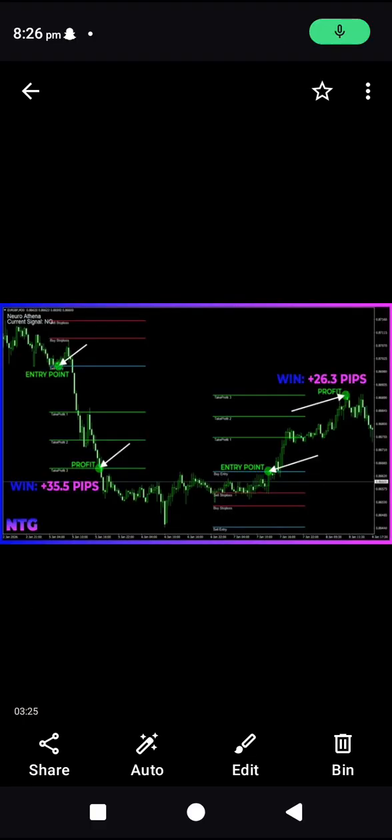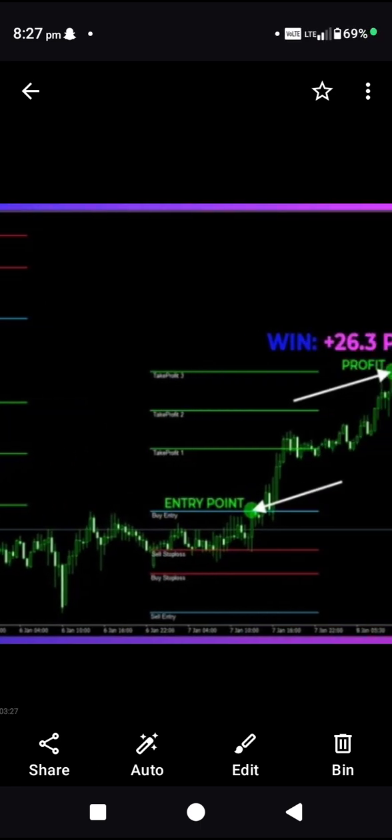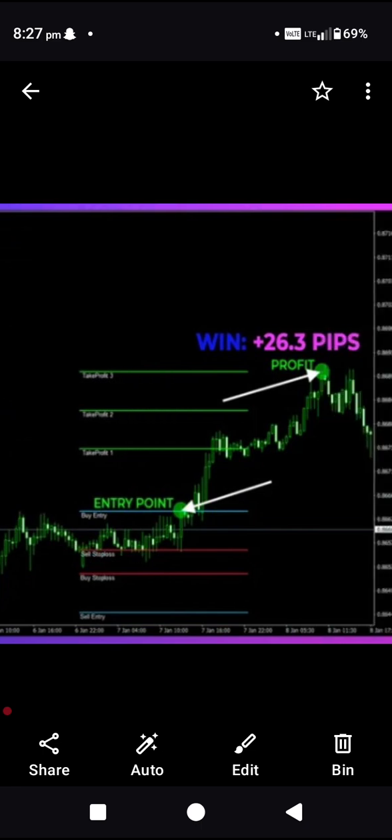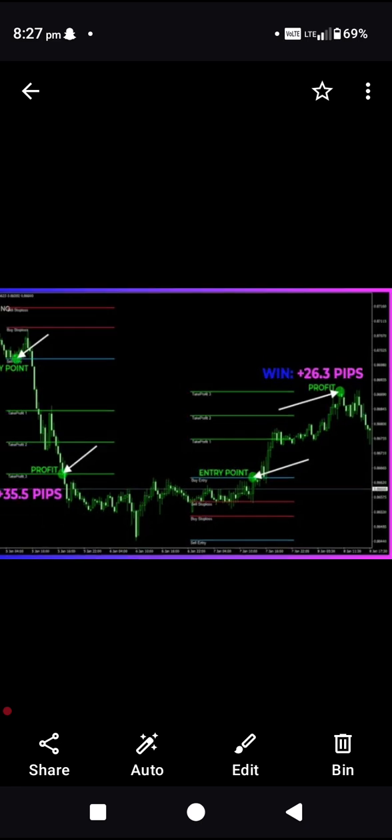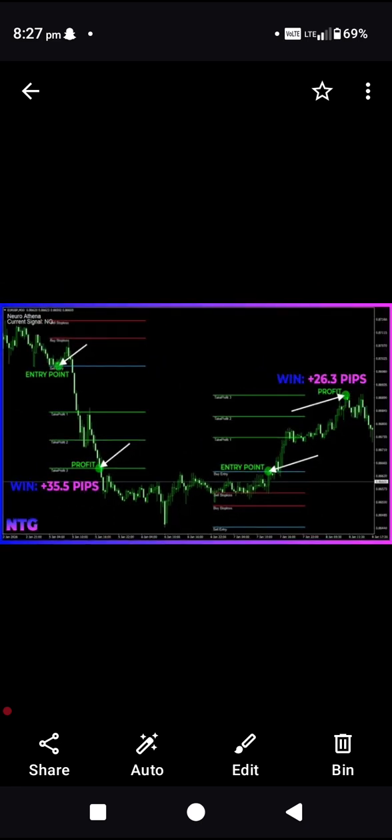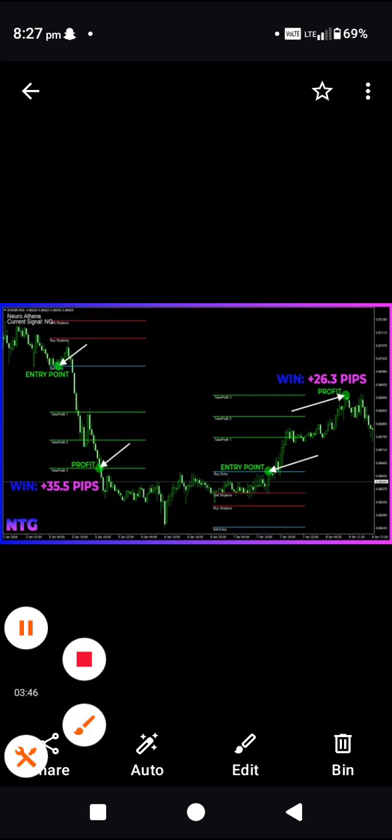So guys, on this one here, it gives you the market entry, then first take profit, second take profit, and third take profit. As you can see, the market moved exactly like this. So if you have this one, you don't have to worry about how you're gonna get the entries. It gives you the entries and it gives you the take profits as well.